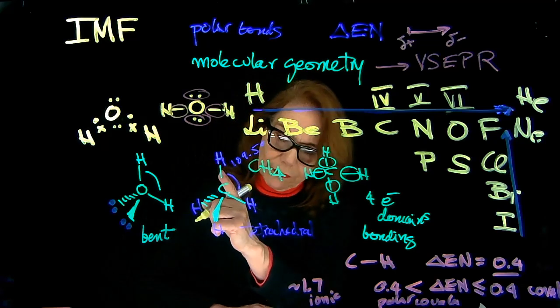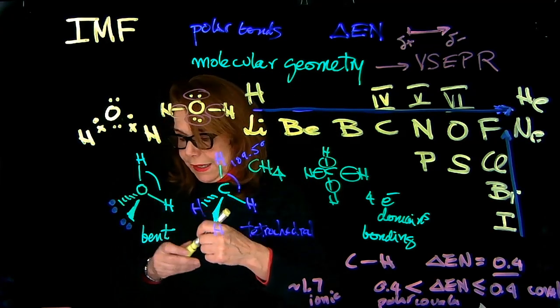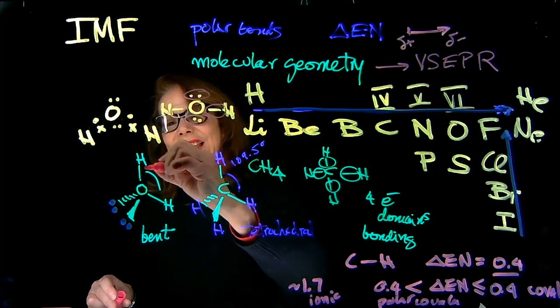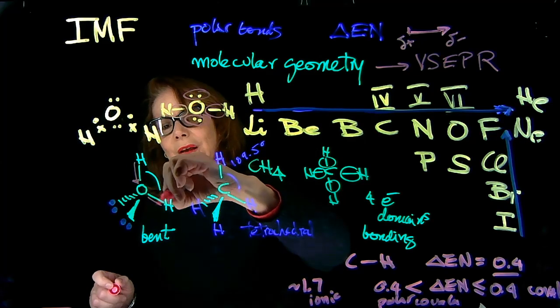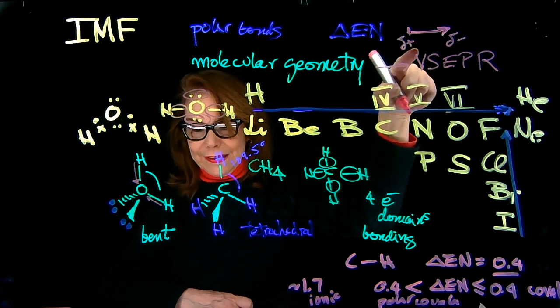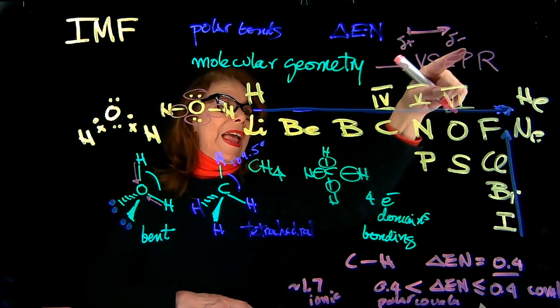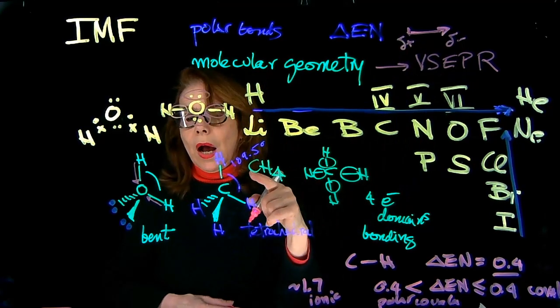Because of that, and because of the geometry and the nature of the bonds, these bonds are polar, and they are polarized towards the oxygen. Because, again, you start the arrow at the delta positive, the least electronegative atom, and you end the arrow at the delta negative, the more electronegative.